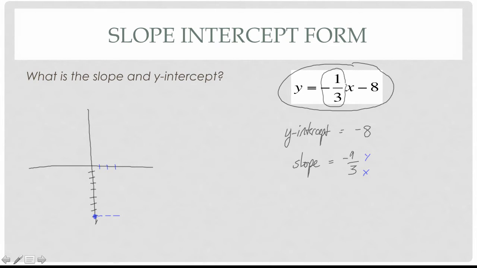We decrease my y values by 1, to go down 1, and I'll make another point right there. So if I was to graph this line, it's a decreasing linear function looking something like that. Crosses the y-axis at -8, and from there we go over 3, down 1. We're decreasing.